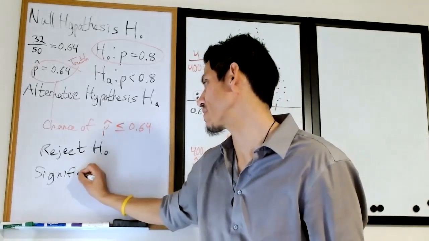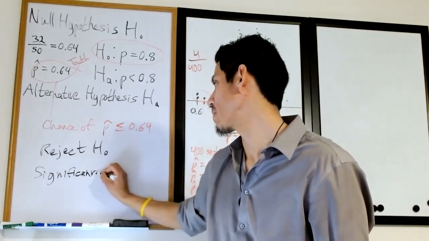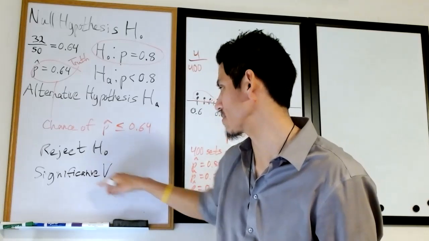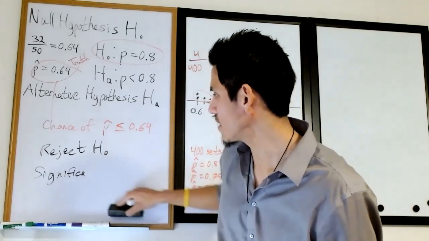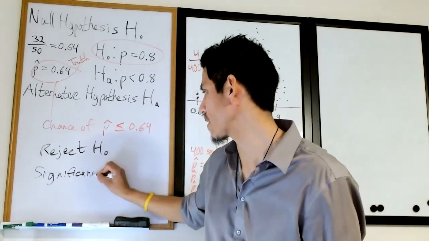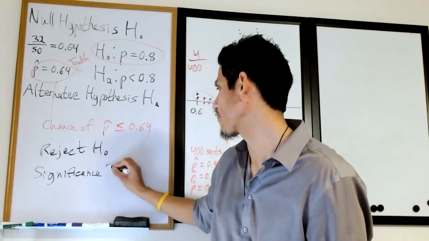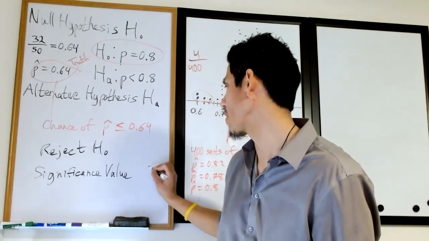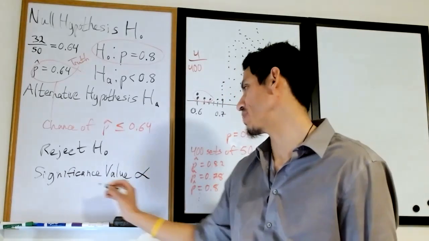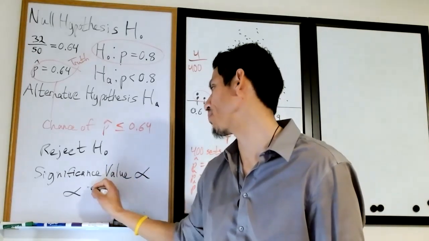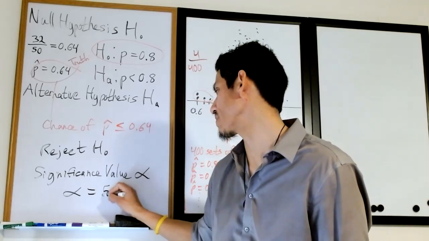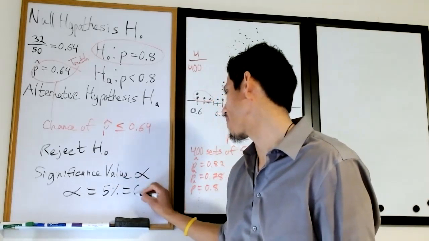Significance value. That's not how you spell significance. Significance. I can spell it. Value alpha. That's your alpha. And usually we make alpha 5% or 0.05.